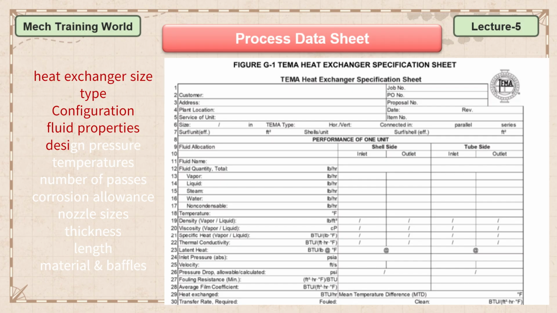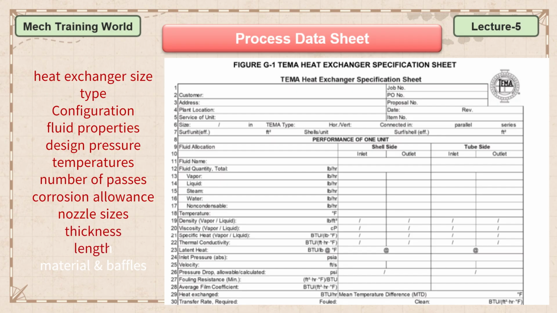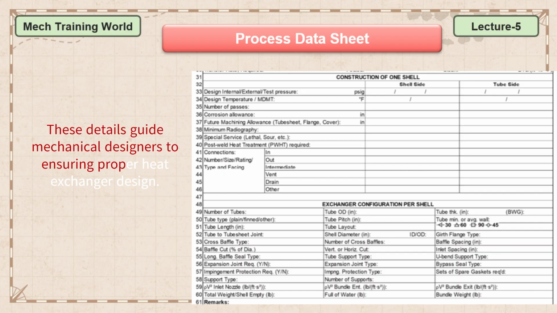Other key information includes fluid properties, design pressures and temperatures, number of passes, corrosion allowance, nozzle sizes, tube details like thickness, length, material, and baffles, tube-to-tube sheet joint type, velocities, applicable code like Section 8 Division 1, gasket type, and tentative weight. These details guide mechanical designers to ensure proper heat exchanger design.